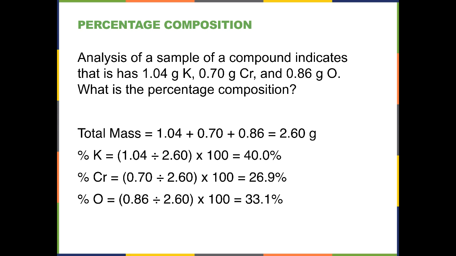For chromium, it's 0.7 divided by 2.6 times 100. And then for oxygen, it's 0.86 divided by 2.6 times 100. So the percentage composition for this compound is 40% potassium, 26.9% chromium, and 33.1% oxygen. And that composition is by mass.